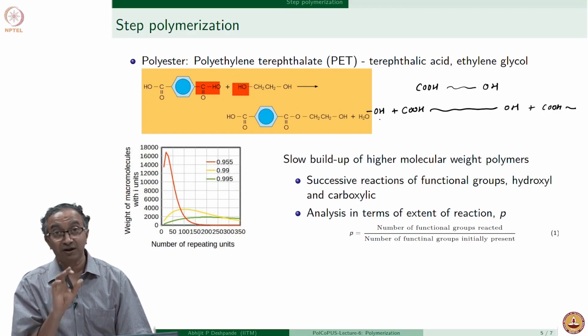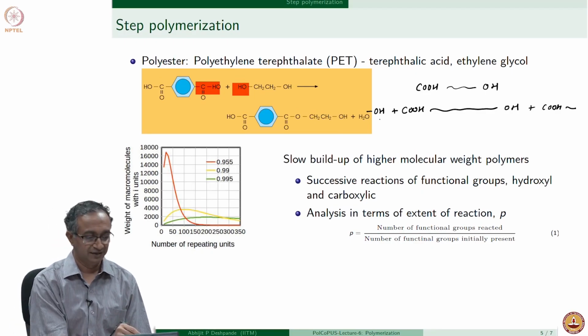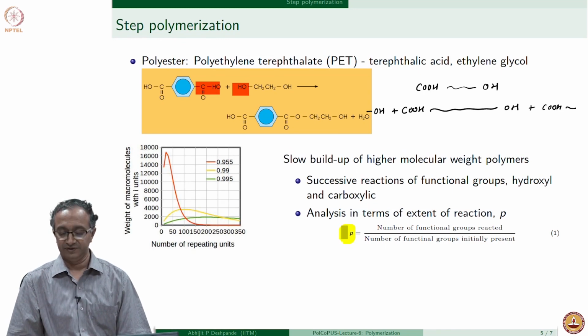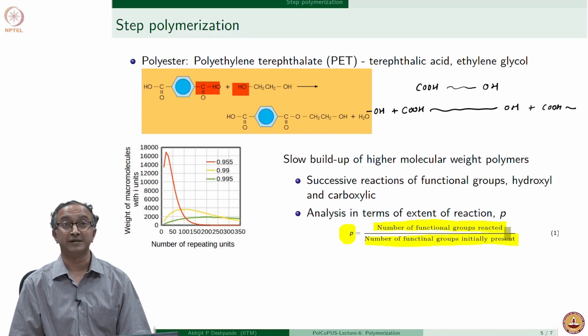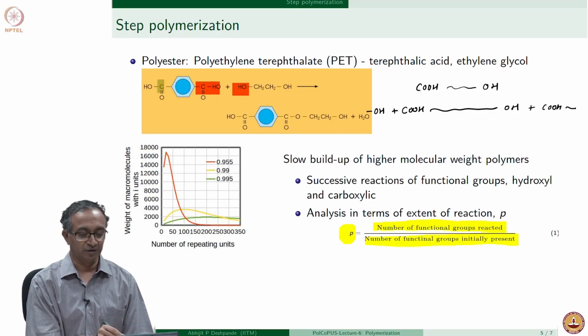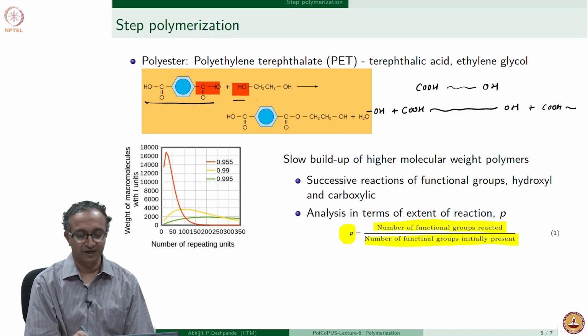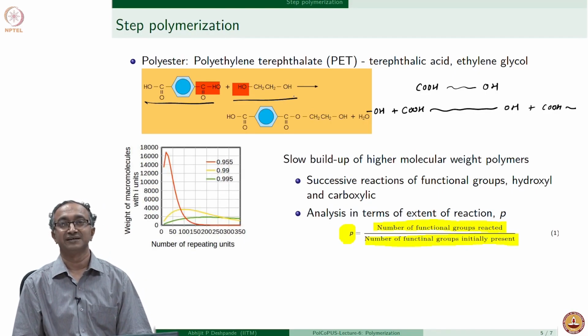We can keep track of the progress of polymerization by defining a variable called extent of reaction. This is the ratio of the number of functional groups which have reacted to the number of functional groups which were initially present. So if I tell you the number of moles of each of the monomers that were added, then you can know the number of hydroxyl groups added and the number of carboxylate groups added.